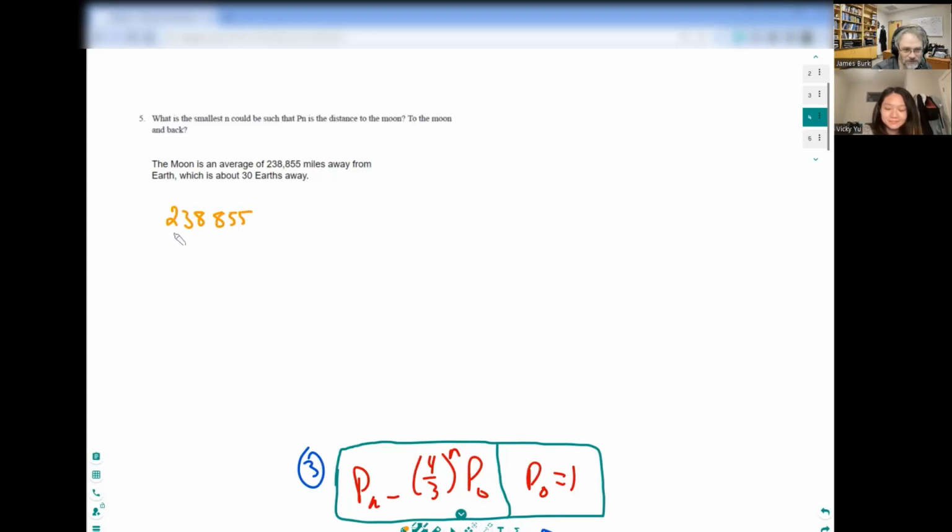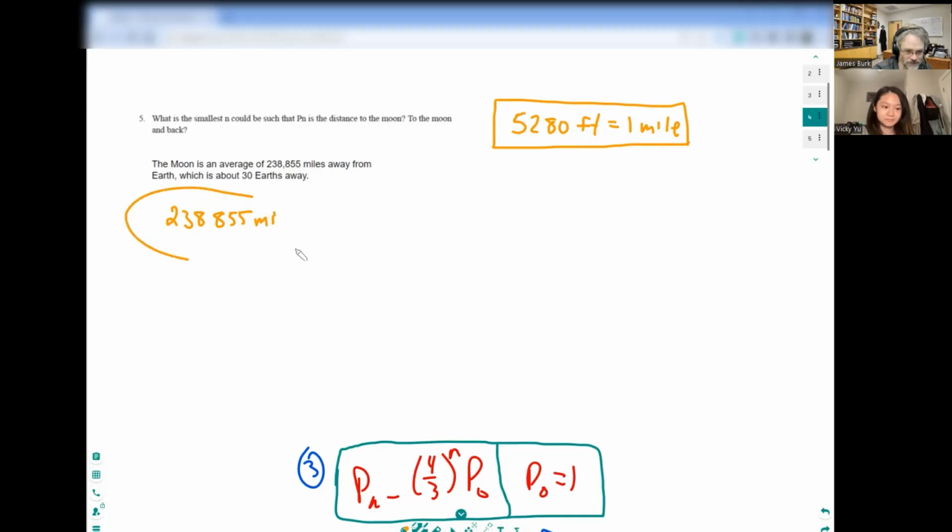How many miles are in a foot? And how many feet are in a mile? 5,280 feet. Okay, so there's my conversion factor.